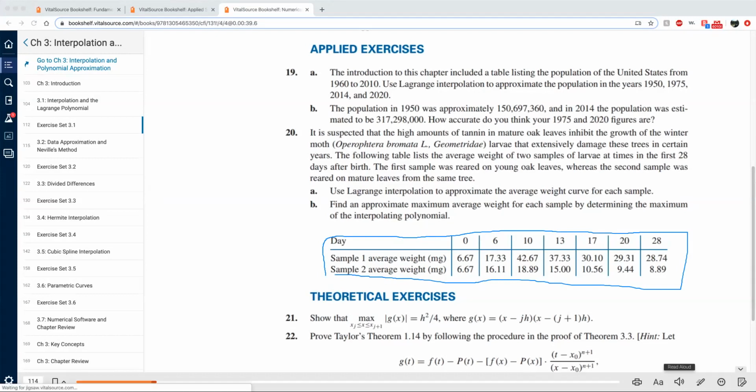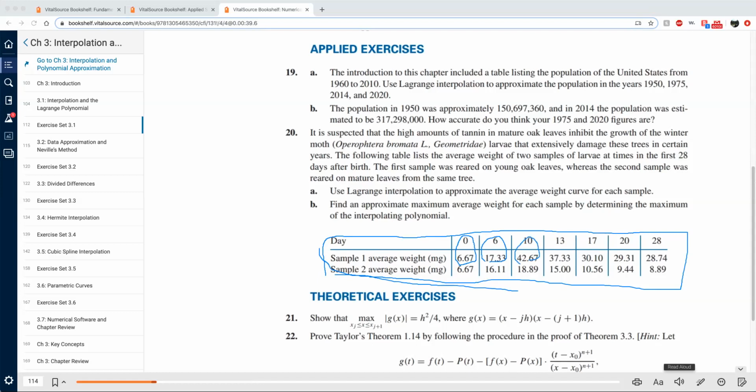To construct the Lagrange interpolating polynomial, we need to figure out the nodes. First we have to transform this table into nodes. So 0 is the first x node, and 6.67 is its function value, and then 6 is the second node, and 17.33 is its function value.